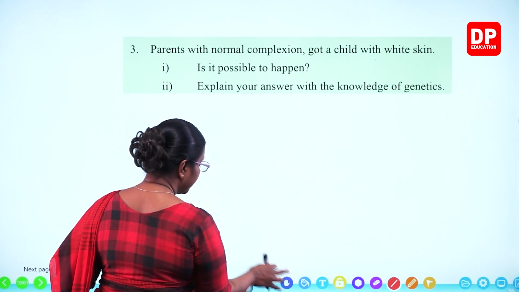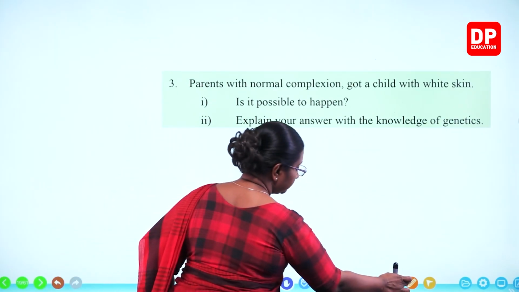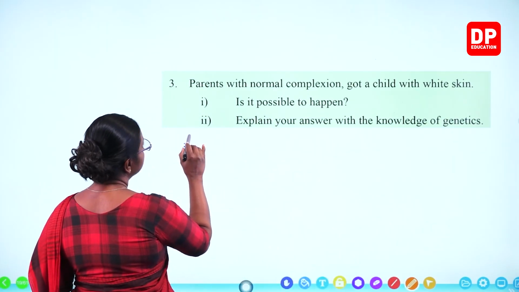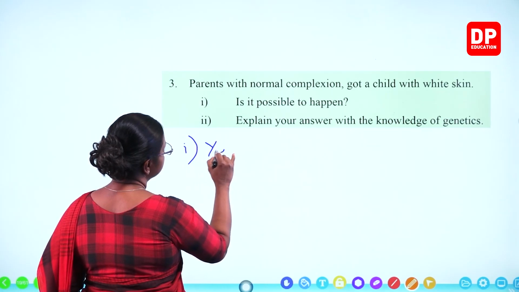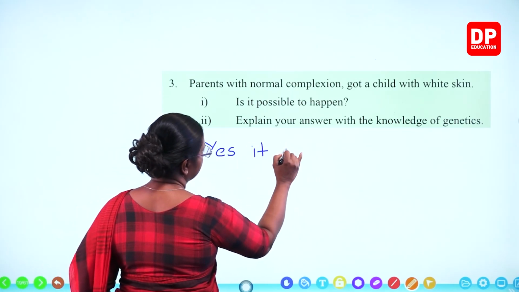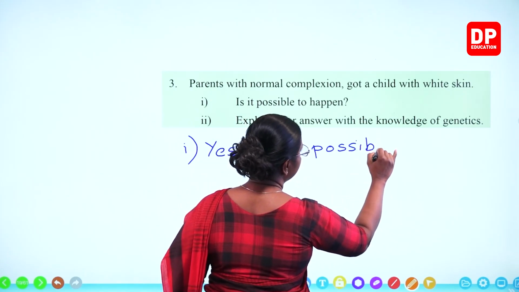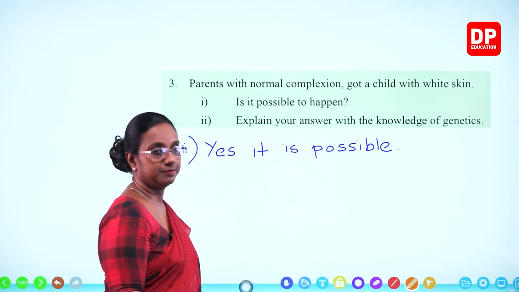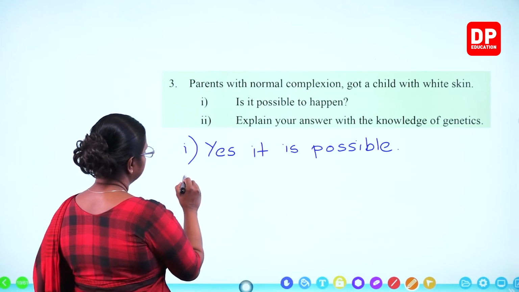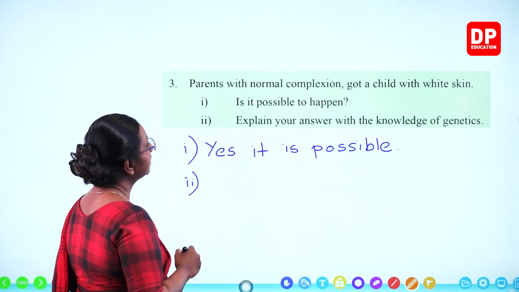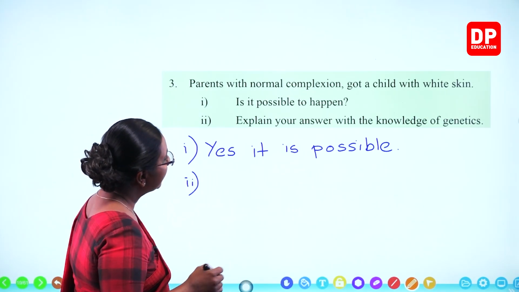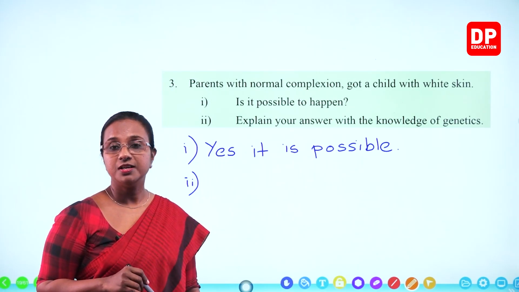So to answer the question, first one, we can say yes, it is possible. You can just say yes, or you can say yes, it is possible. And then to answer the second question, explain your answer with the knowledge of genetics.